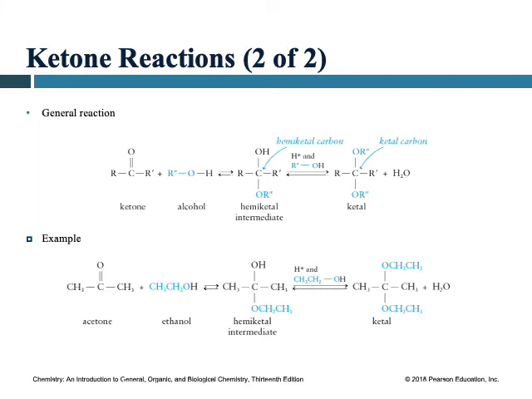So let's see how we normally make hemiketal and ketal. So we're gonna use a ketone, react with an alcohol, then the RO part from the alcohol is going to attach with this carbon, and the H part is going to go on this oxygen, and one of the bonds is going to break.